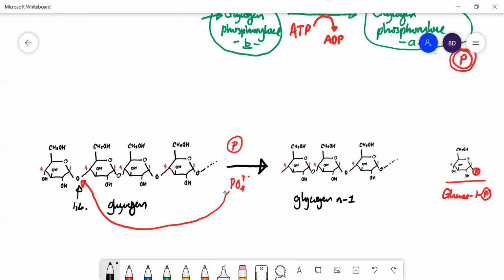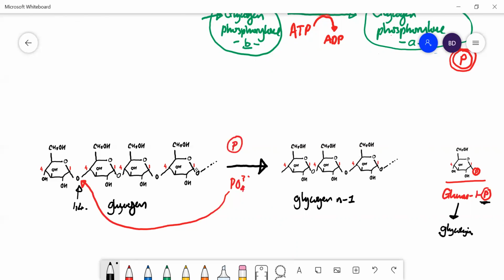There's another enzyme then which can hydrolyze off the phosphate group, and you get glucose, which is then released into the bloodstream and can be used by other tissues in the body. In the case of skeletal muscle, this glucose 1-phosphate, you don't lose the phosphate off the end there. That will turn into glucose 6-phosphate, and it will go into glycolysis.